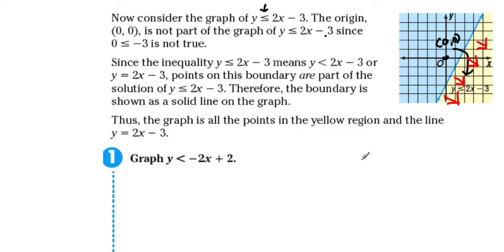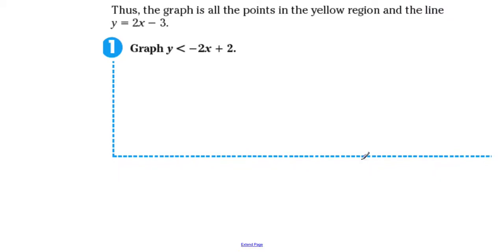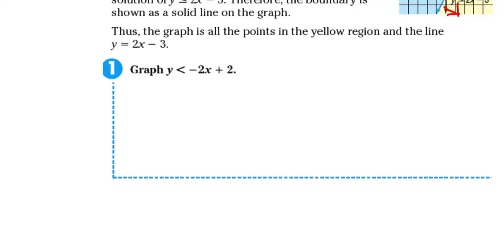So let's take a look at example number 1. Let's graph y < -2x + 2. First and foremost, we need to find our boundary. Our boundary for this graph is y = -2x + 2.